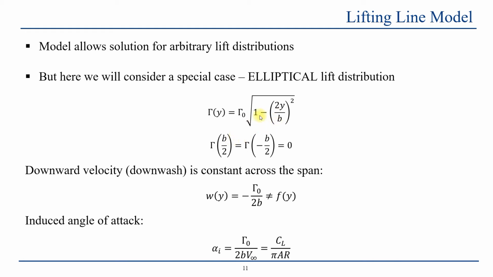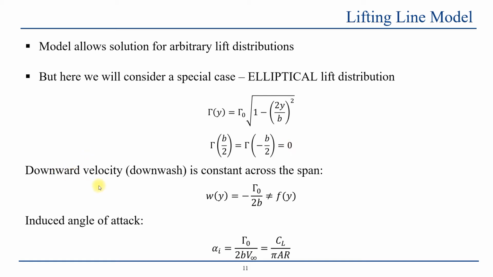And with this, we can see that at the edges of the wing, so the two ends of negative half b and positive half b, or half of the span, we will have the circulation equal to 0. And that physically is correct because we don't have any lift in those two locations, so we're expecting them to be 0.